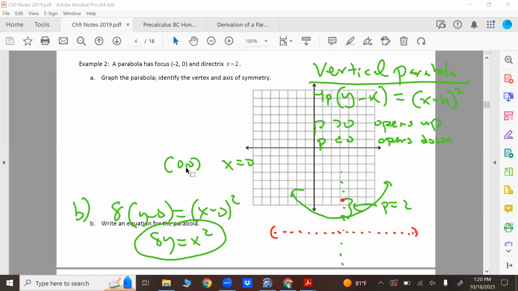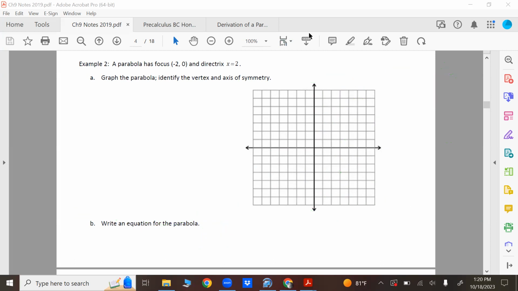Okay, example 2. Let me clear the screen. All right, let's plot the points. -2, 0 is your focus. The directrix is x equals 2.